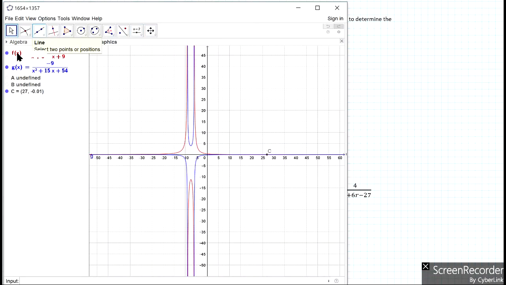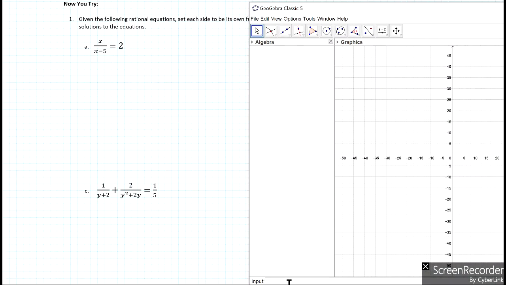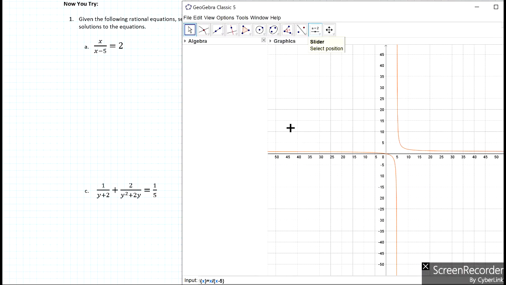In the first problem, I'm going to delete all the previous information. Here for the first one, we have f of x equal to x over x minus 5. I forgot to put the equal sign, and that should be the equation we have.